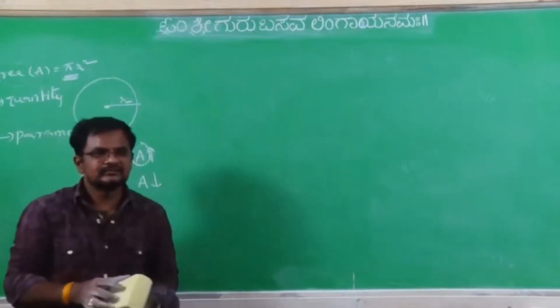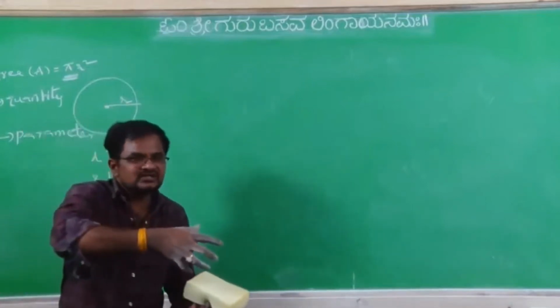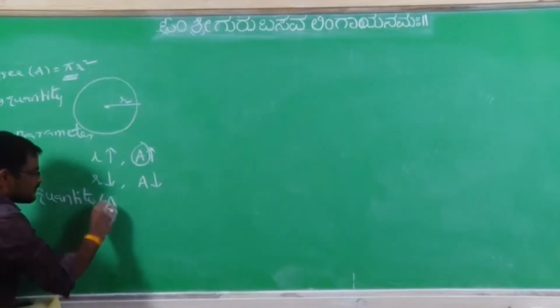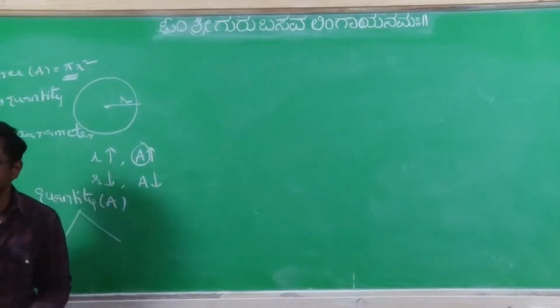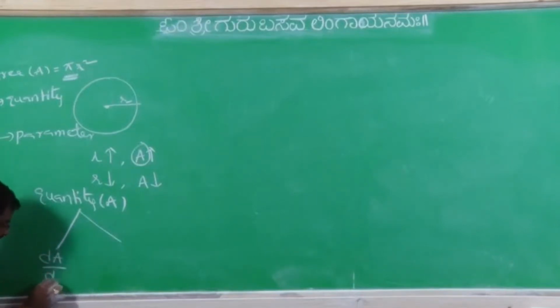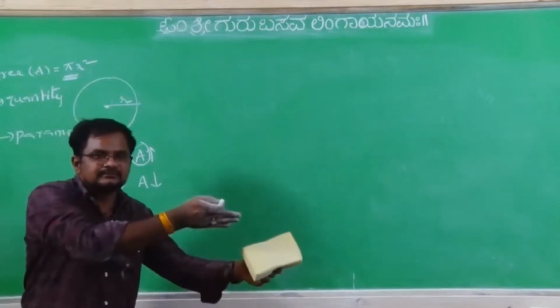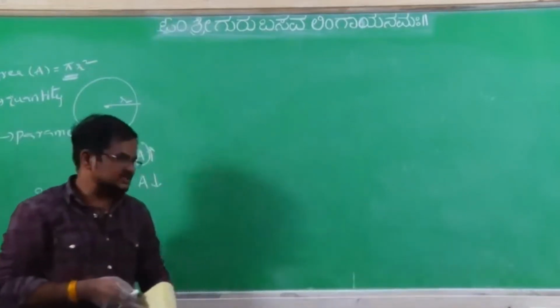As r changes, the area changes, and as time changes, the radius also changes. So the area changes in two ways. First, with respect to the parameter, dA by dr. And with respect to time also, because as time changes, the radius changes, and as the radius changes, the area changes.